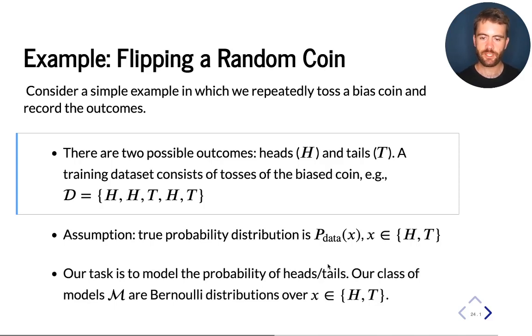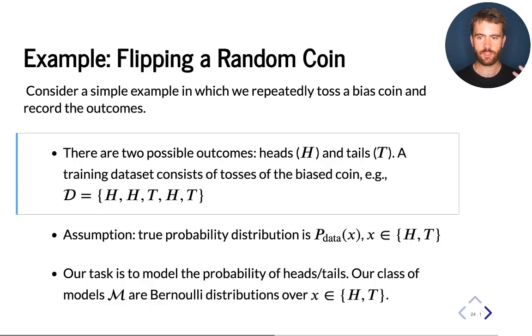And because our data distribution has this form, we are also going to assume that our model has the same form. Our model class is going to be the set of Bernoulli distributions over this binary outcome. If you don't know what a Bernoulli distribution is, essentially it's just a probability distribution over a binary outcome. So we have heads and tails.